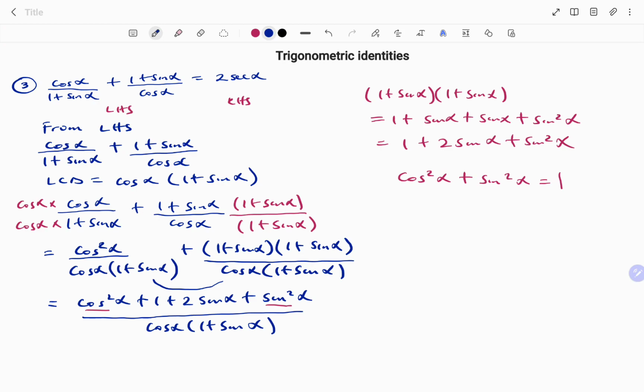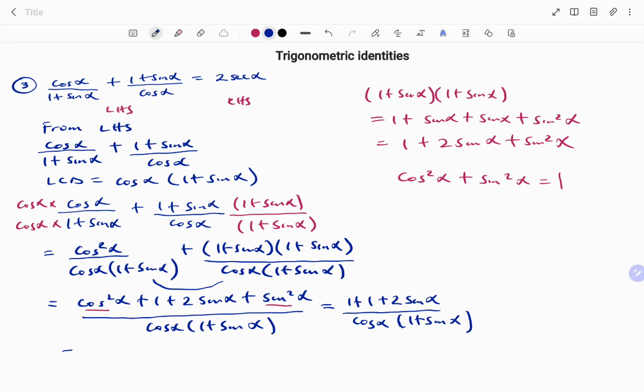So this is equal to 1 plus 1 plus 2 sine alpha over cos alpha in bracket 1 plus sine alpha.